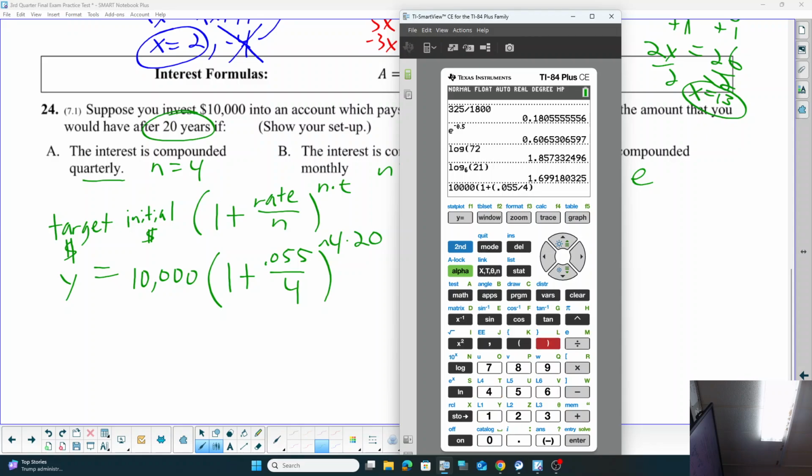Close parenthesis, close parenthesis. To the 4 times 2. And so 4 times 2 is 80, or you can just plug it in. 4 times 20. So that's the number of compounds times the number of years that we're compounding. And that's going to be 29,000. Wow, after 20 years, you like triple your money.